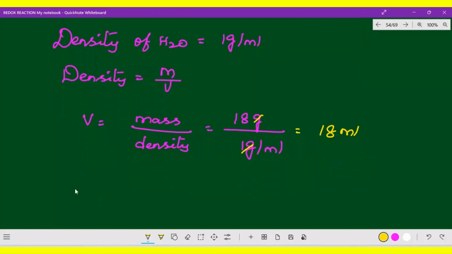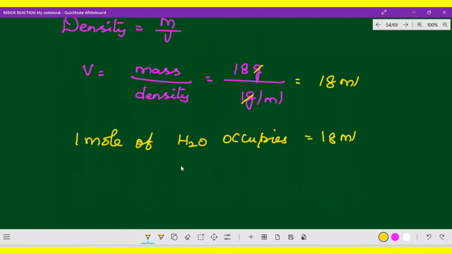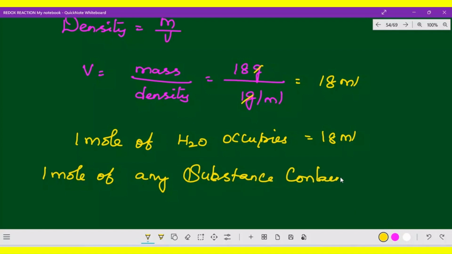1 mole of water occupies 18 ml. Therefore, 1 mole of any substance contains how much? Here, Avogadro number only.